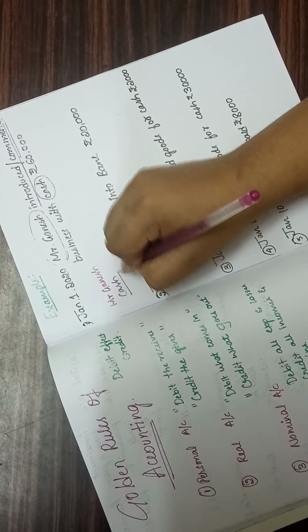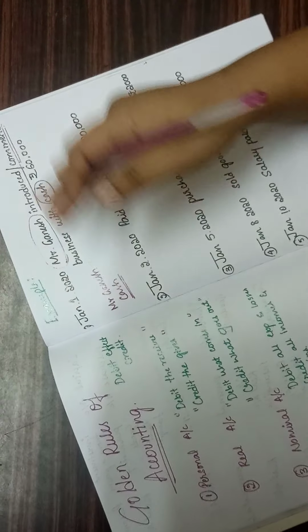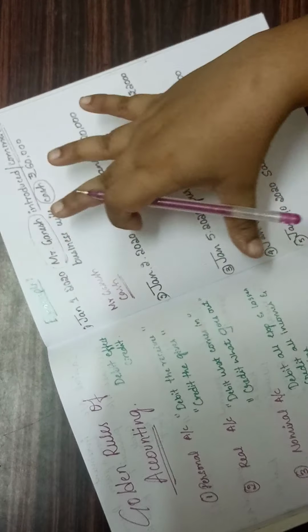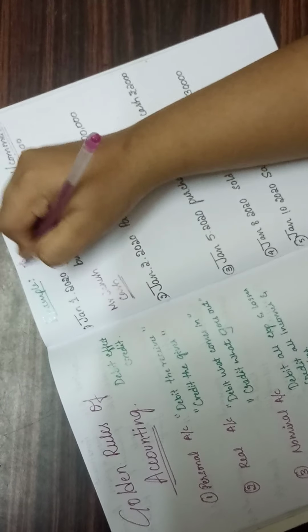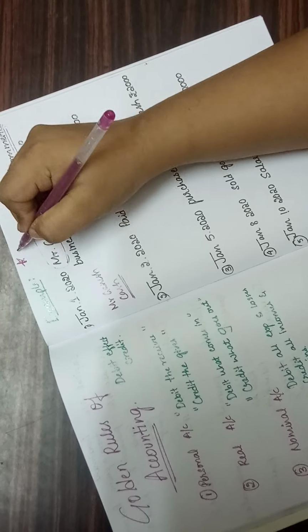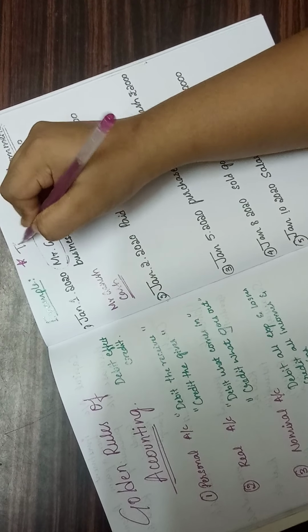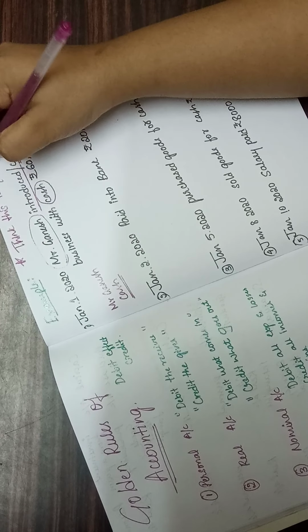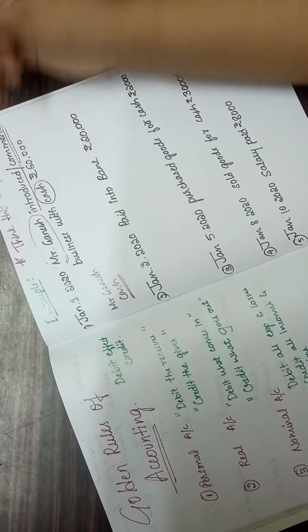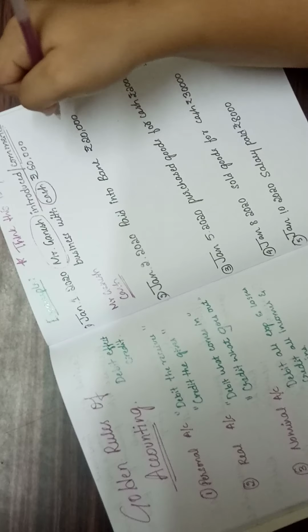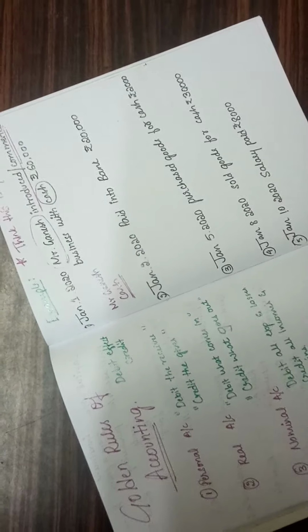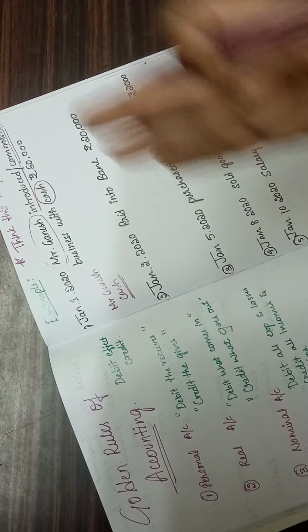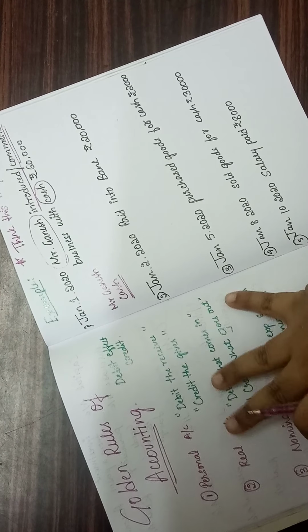Before you start solving this journal entry, we must always remember an important point. We must always think that this is your business. You must always solve the question from the perspective of a businessman. You must always assume that you are the businessman.